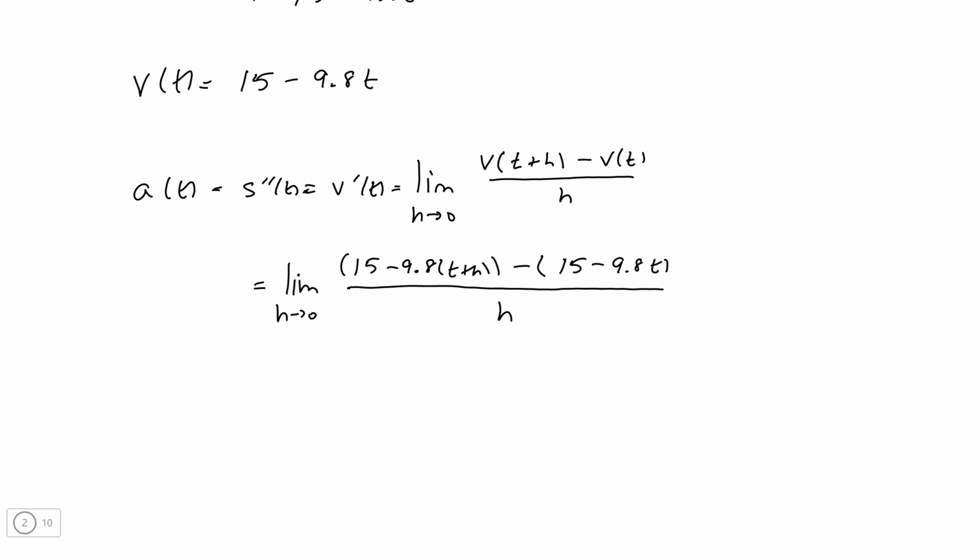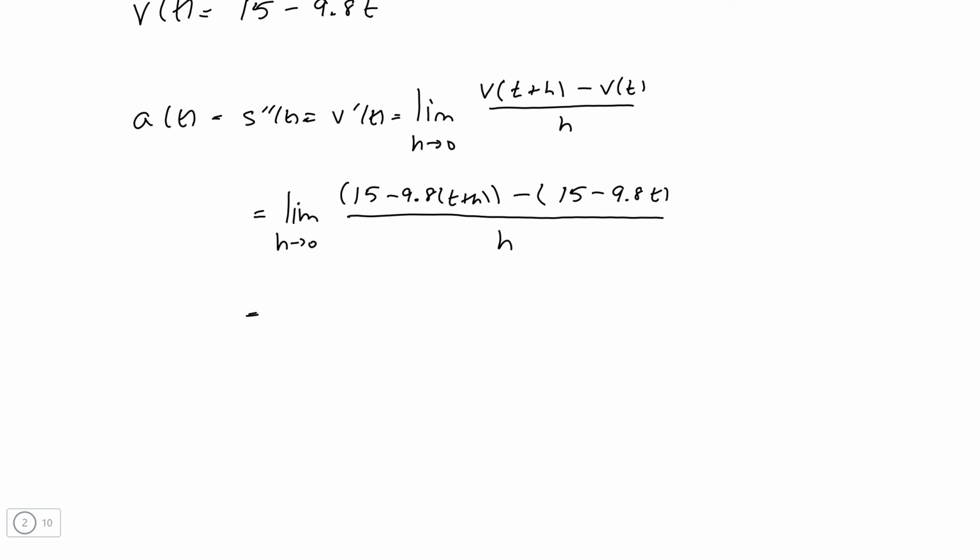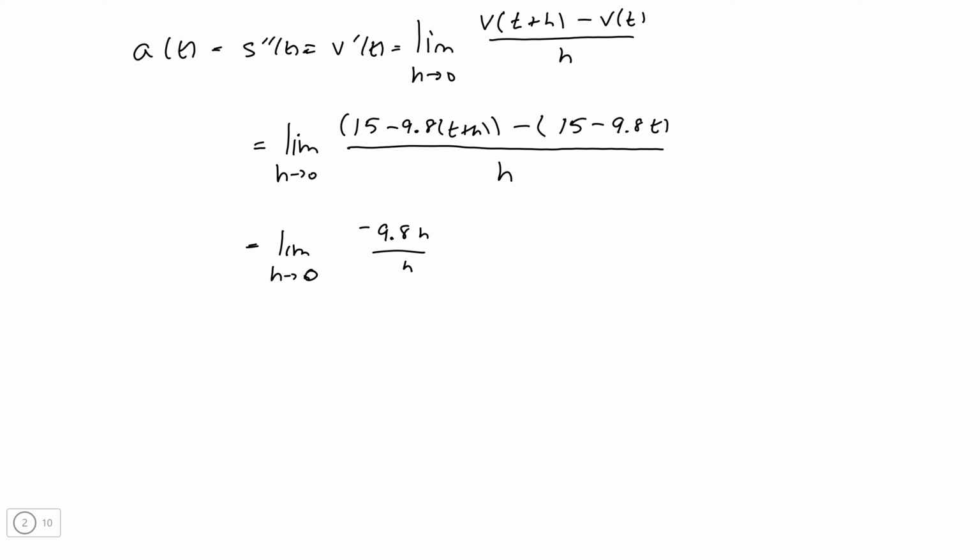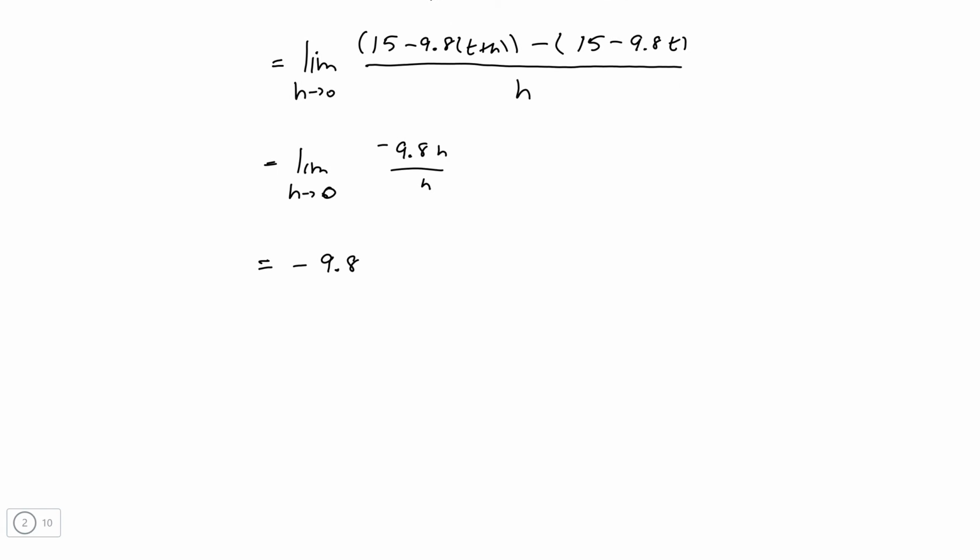If we FOIL out and cancel, we get the limit as h goes to 0 of minus 9.8h over h, which is just minus 9.8. So my acceleration function, to recap, is the constant minus 9.8. We didn't give units, so we will leave units off, but usually this is in meters per second squared.